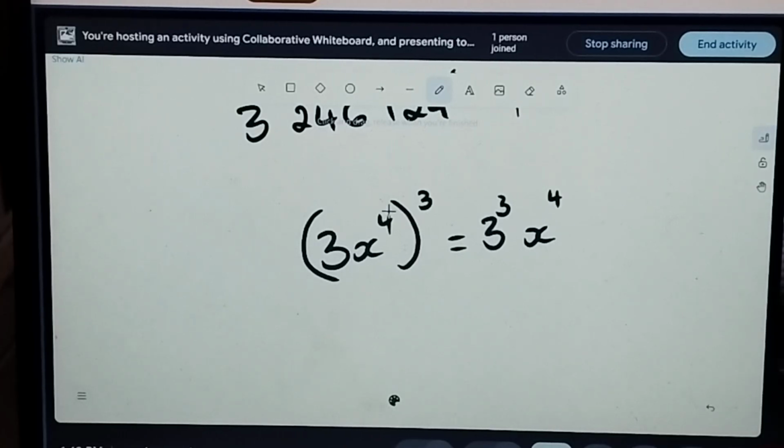and with your powers, when you're raising a power to a power, you now multiply your powers. 3 cubed is 3 times 3 times 3. And 3 times 3 is 9, and times 3 again is 27. So 3 cubed would give you 27.